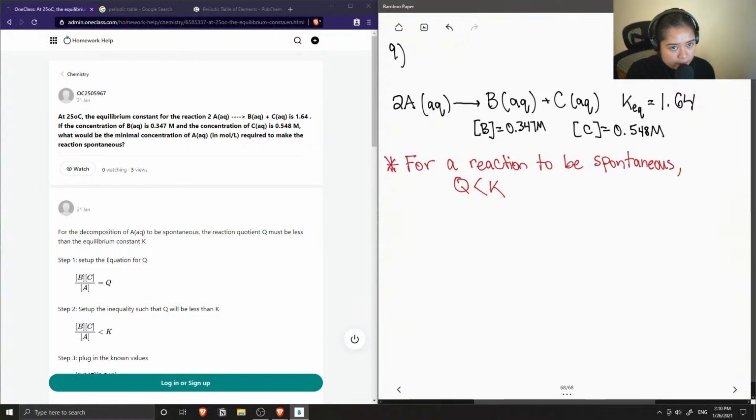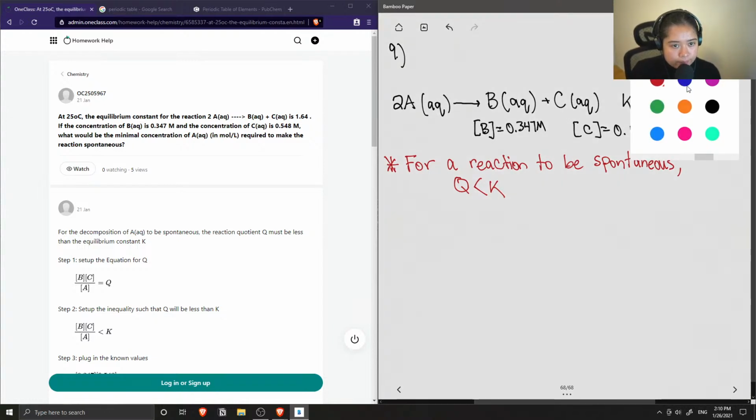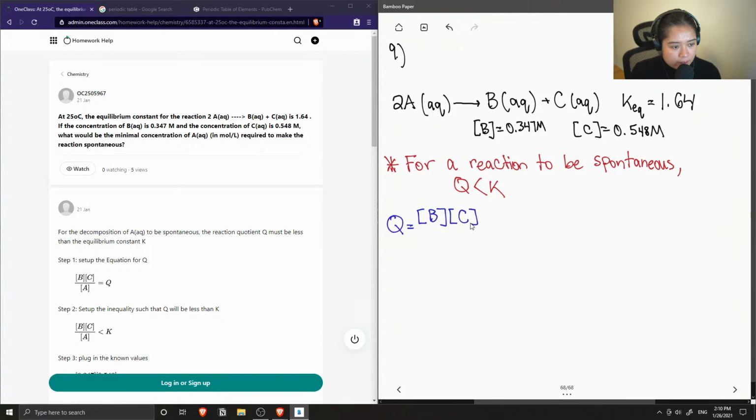So we can write an expression for Q, where Q is equal to the concentration of our products, so concentration of B times concentration of C divided by the concentration of our reactants, which is A.